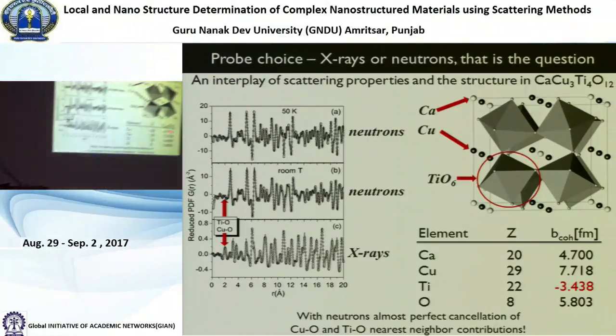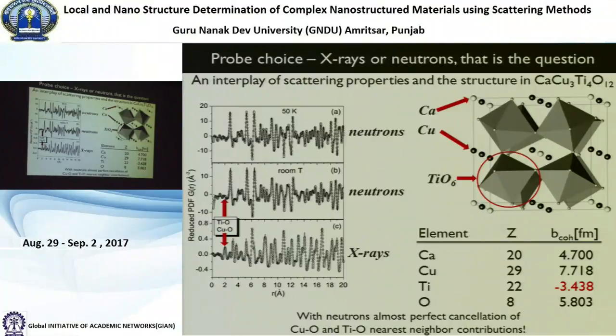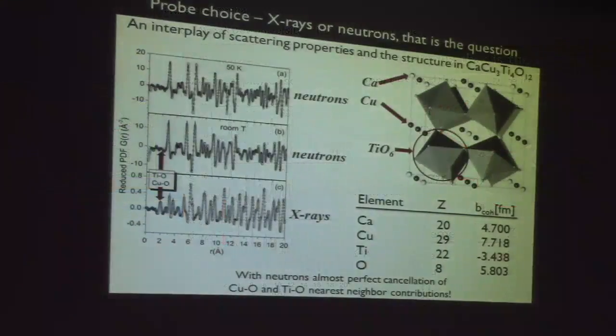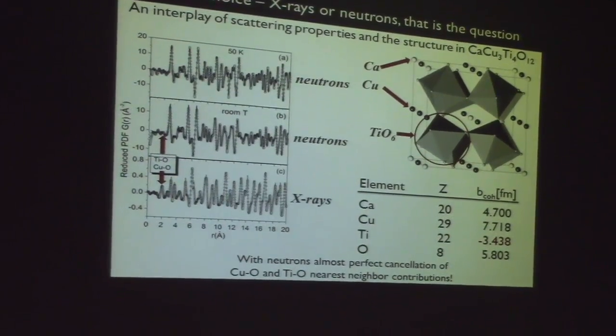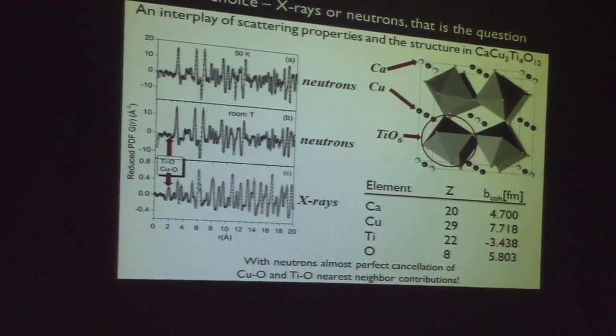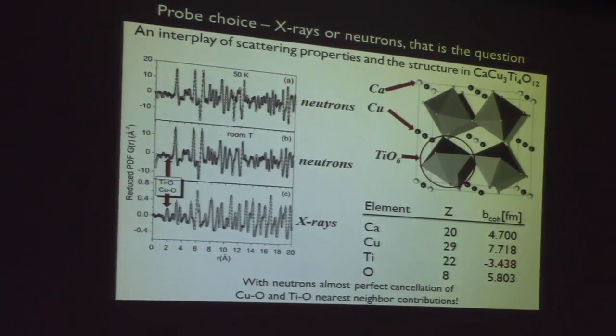But most elements have a positive scattering length. So when you take the product for a pair of atoms, if one has a positive scattering length and the other has a negative one, you get a peak in the PDF that's negative. This never happens with X-rays. All the peaks in the X-ray case are positive.